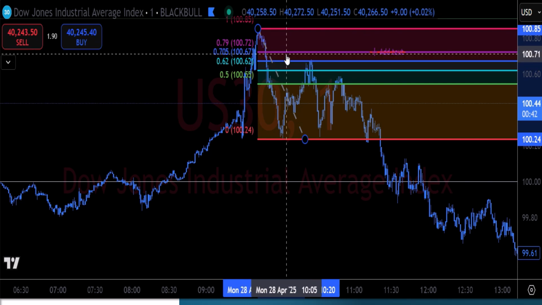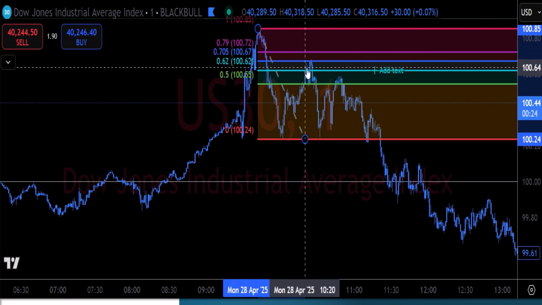You'll notice that between platforms or between brokers there are slight variations, but the more familiar you become in trading, the more you'll see those variations and be able to calculate them.